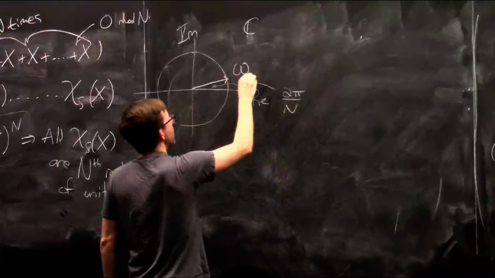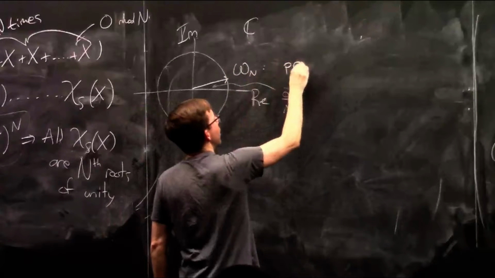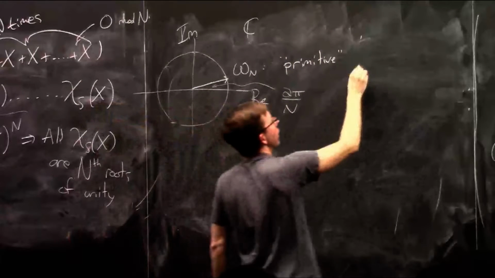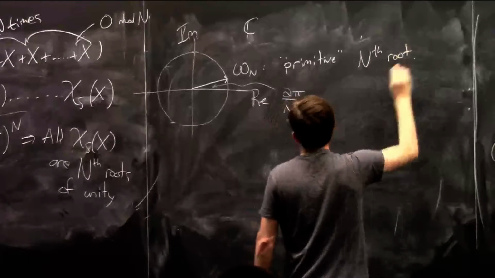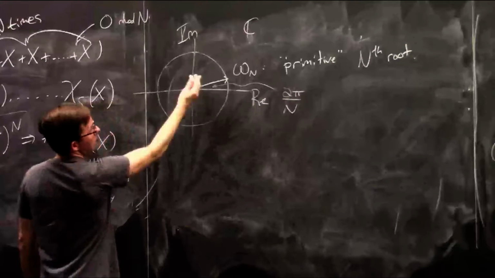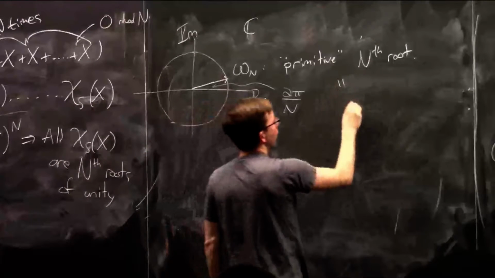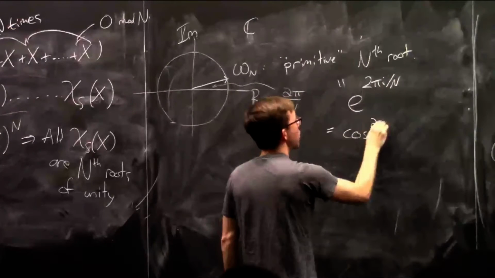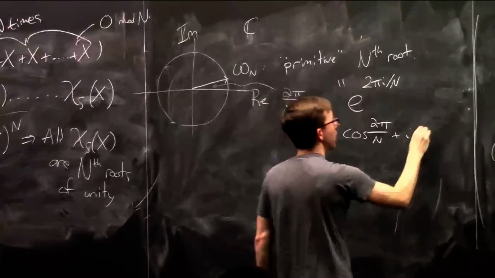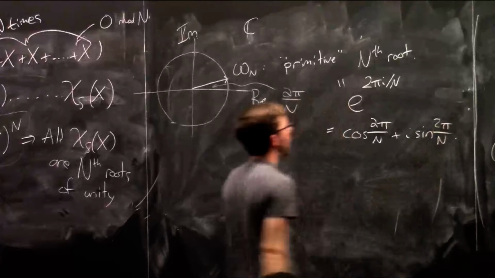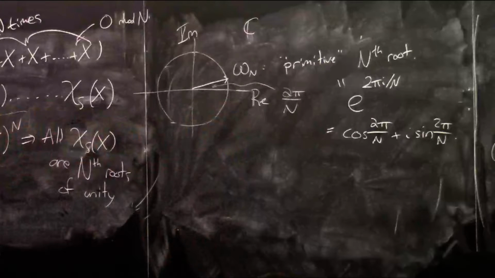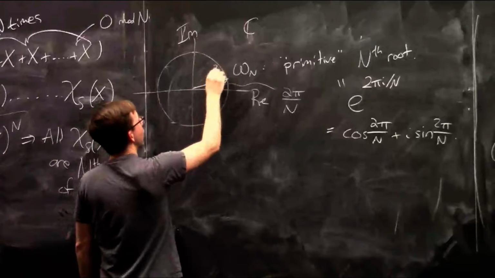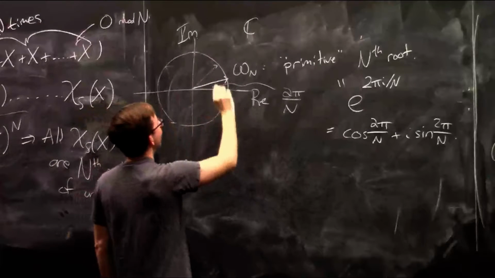And we usually call this omega sub n. It's called the primitive, which just signifies that it's the first nth root of unity. It's the unit vector that's rotated by this amount. So it's e to the 2 pi i over capital N, or if you like, cos 2 pi over capital N plus i sine 2 pi over N. And as you know, the other nth roots of unity are the powers of this guy.